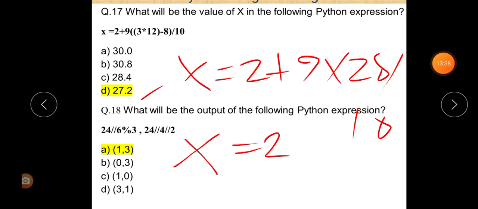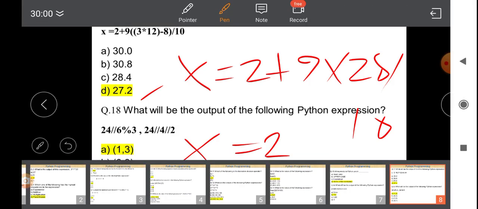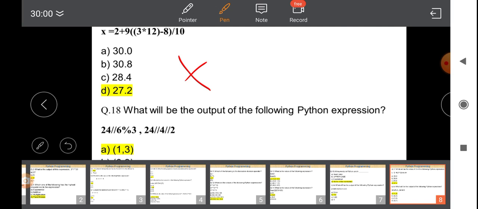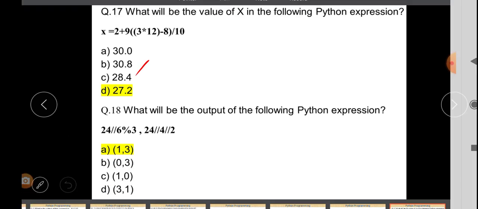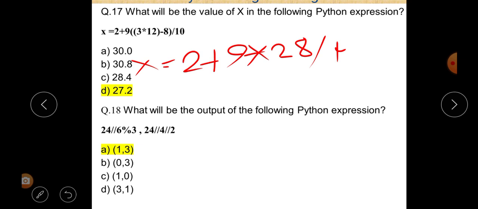I think now it is clear to all of you. First of all, we solve the inner bracket, then the outer bracket, and after solving the outer bracket, our expression looks like this. I'll write it again: x is equal to 2 plus 9 into 28 slash 10.